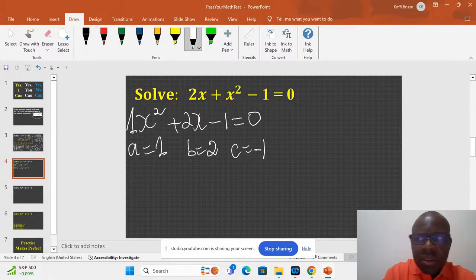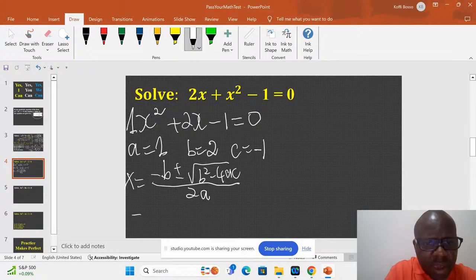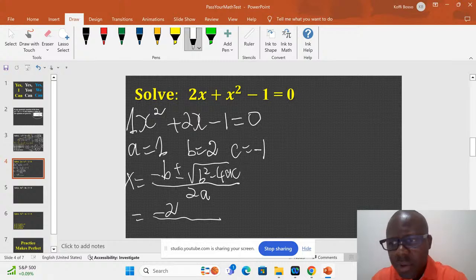Now, using the formula, we have x is equal to negative b plus minus square root of b squared minus 4ac, everything divided by 2a. If I replace everything here, I'm going to have negative 2 because b is 2, so negative b gives you negative 2.